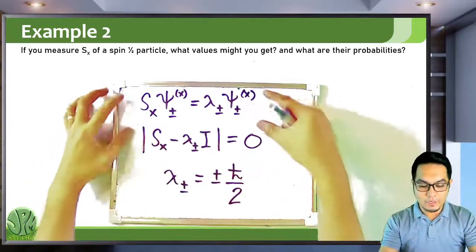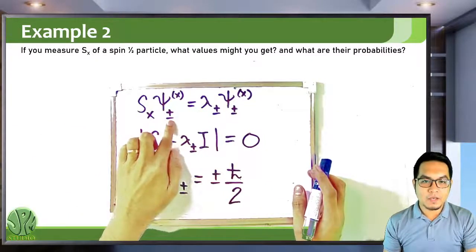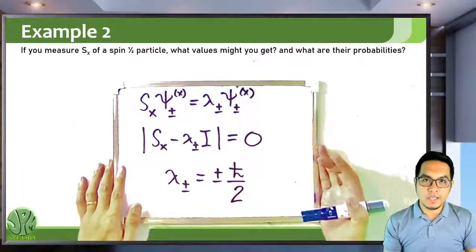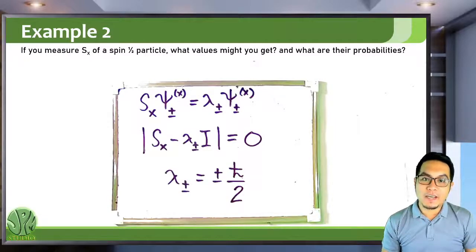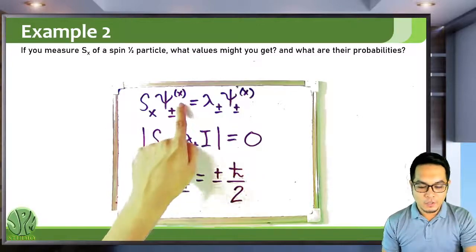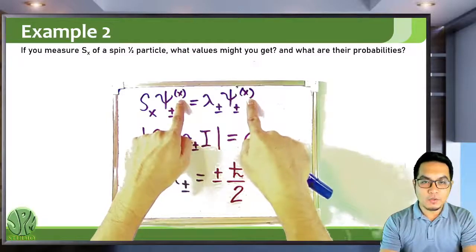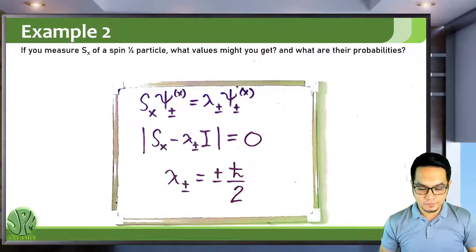This is the eigenvalue equation for Sx. We expect that it will have two eigenvalues, similar to Sz, and also two eigenstates, a spin up state for Sx and a spin down state for Sx. We just denote a superscript x to show that these are eigenstates of Sx.